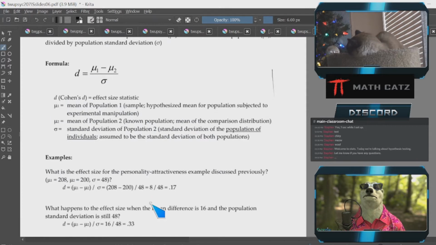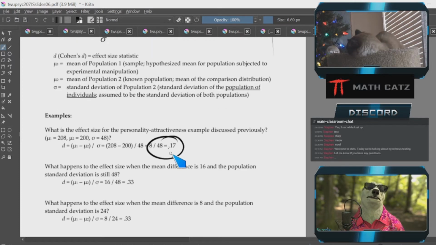If, however, we go back to the 8, getting us this effect size of 0.17, but we have a smaller standard deviation, you see then the effect size also increases because you have less variance in the distribution so that even a small shift is more significant compared to a larger standard deviation.